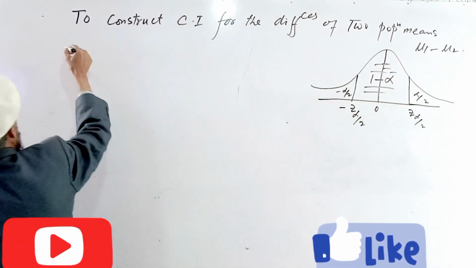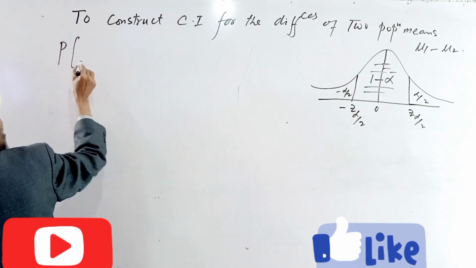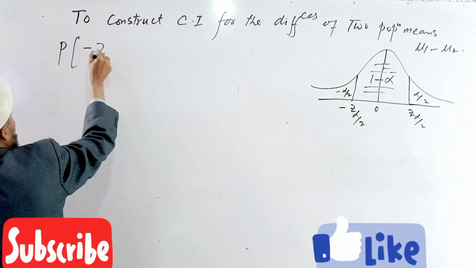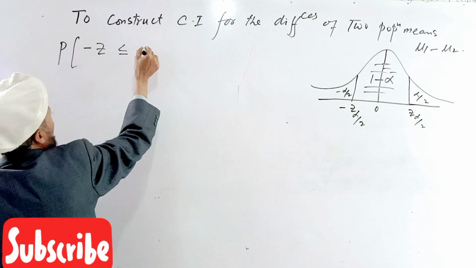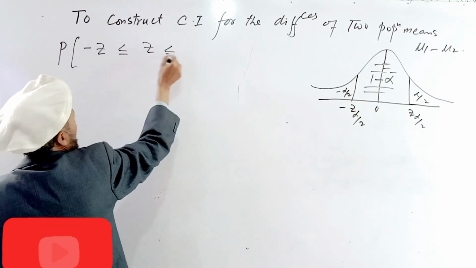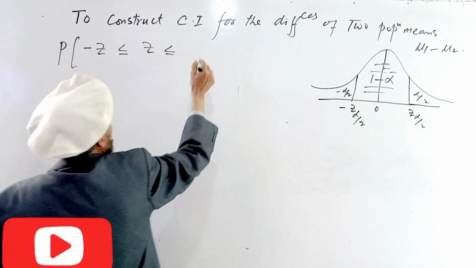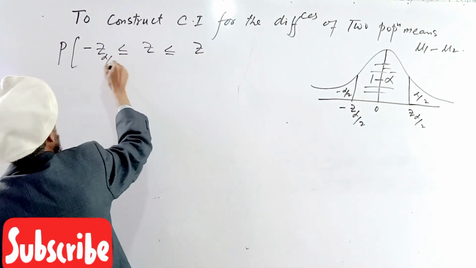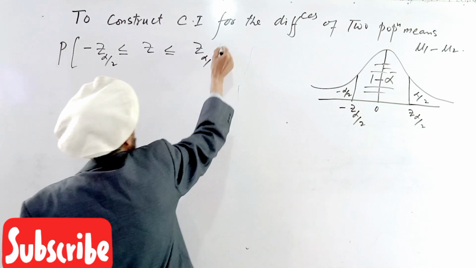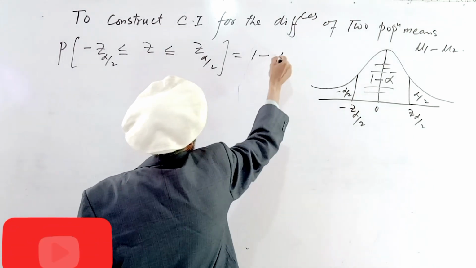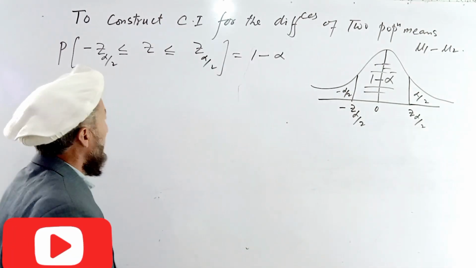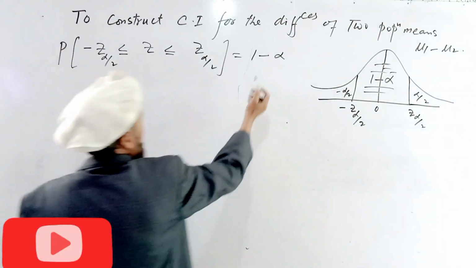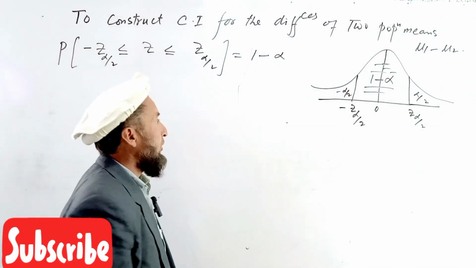So we are applying here the probability of minus z alpha by 2 less than or equal to z less than or equal to z alpha by 2 is equal to 1 minus alpha. So 1 minus alpha is called the confidence coefficient.